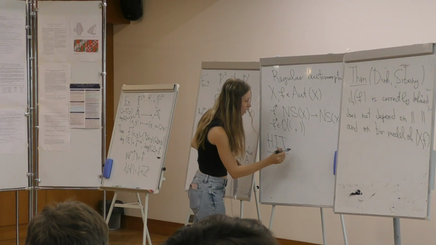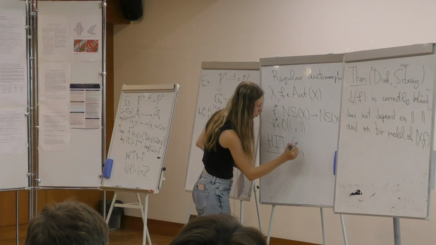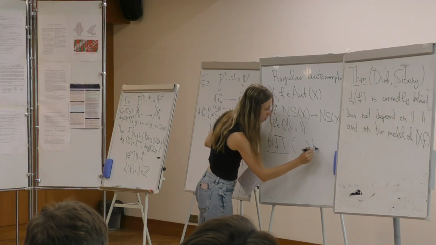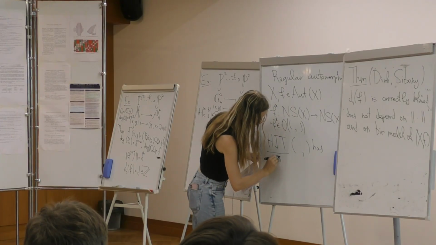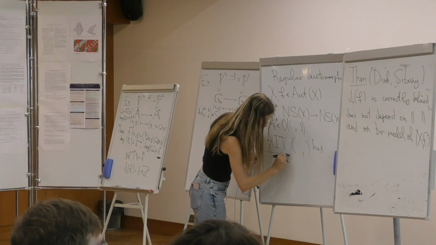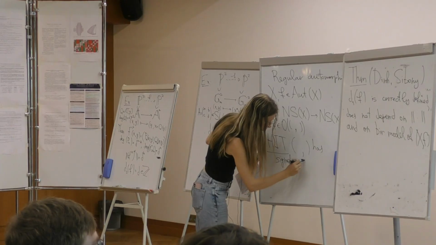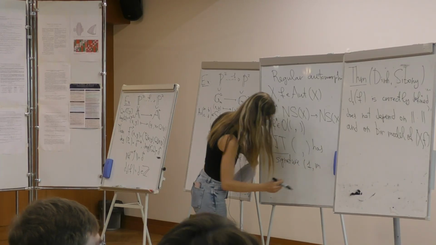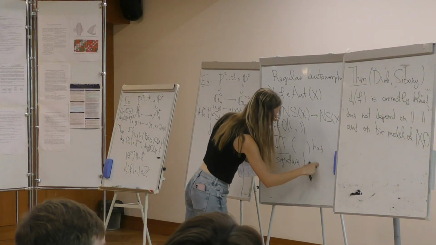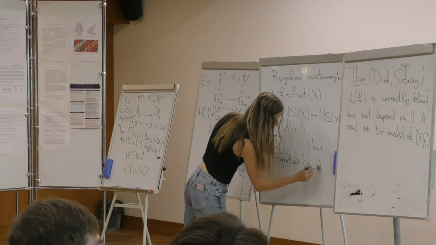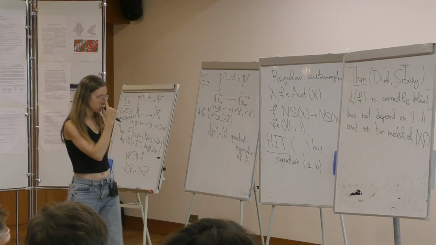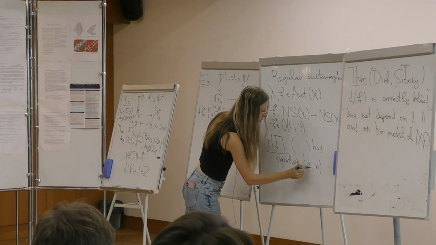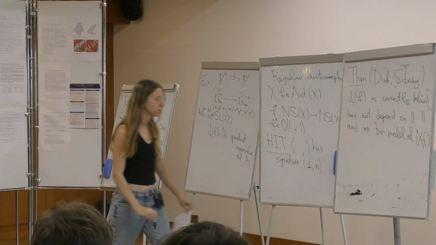By the Hodge index theorem, the signature of this form is (1, n), just one positive and the rest negative.